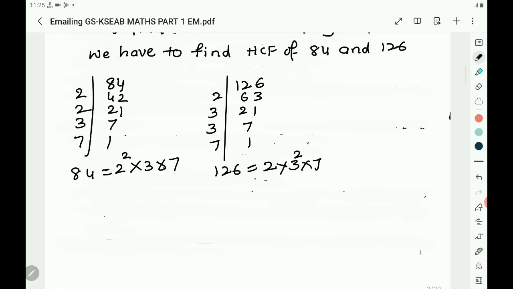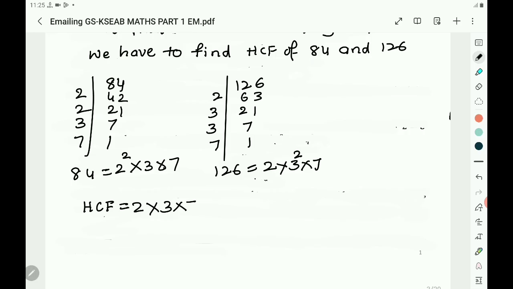Now you take the HCF. For HCF we have to consider only the common factors. Here 2 square is there, 2 is there. We have to take the lowest power, that is 2. And 3 is there, 3 square is there. We have to take the lowest power, that is 3. Again 7 is there, 7 is there. We have to take 7.